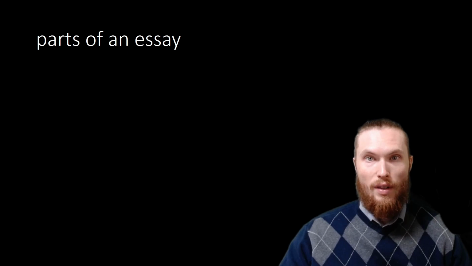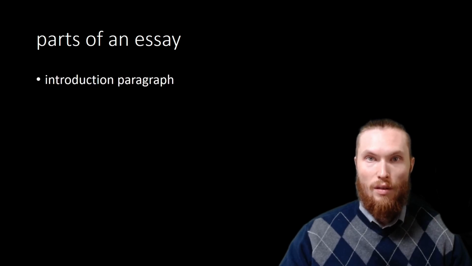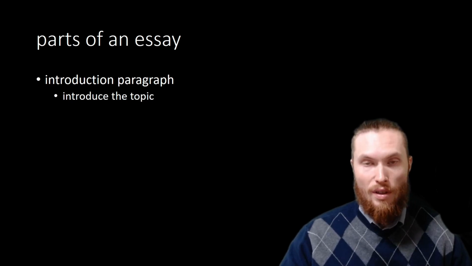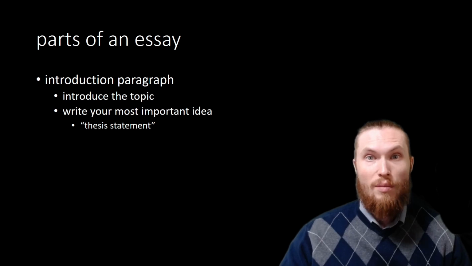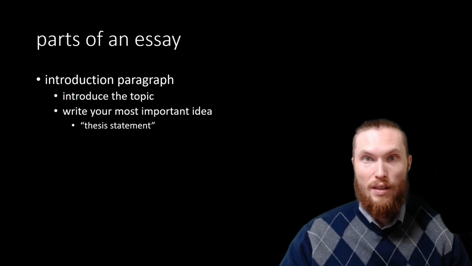Let's look at the parts of an essay. The first part is the introduction paragraph. In the introduction paragraph, you should introduce the topic, and you should write your most important idea, and that's called the thesis statement. That is the most important sentence of an essay, and it's in the first paragraph.